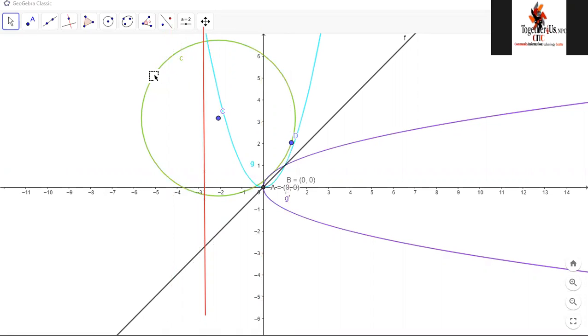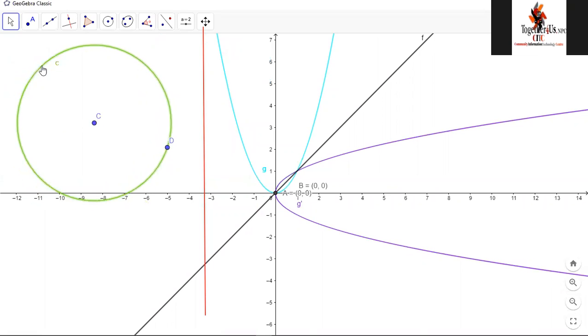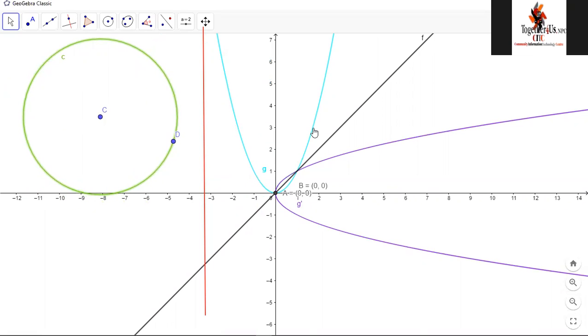Let's look at the blue line. Let's put the circle aside. So let's come to the one in cyan or light blue. You can see for one x value, I have one y value.